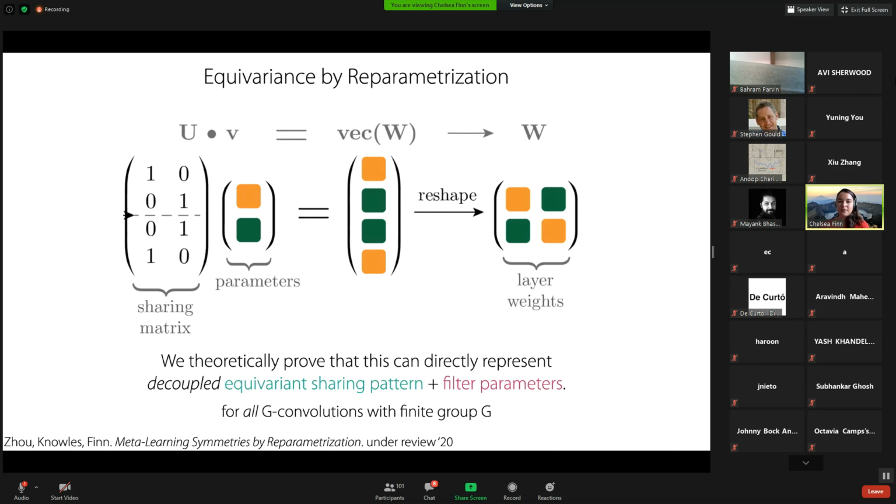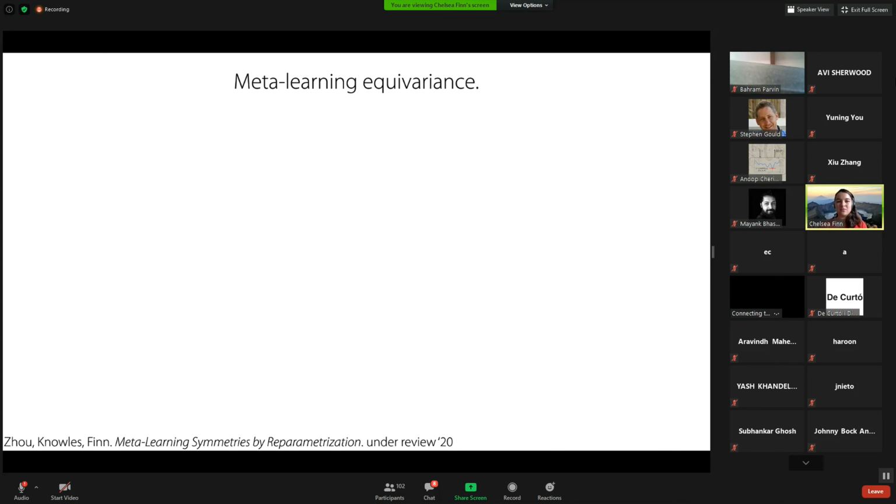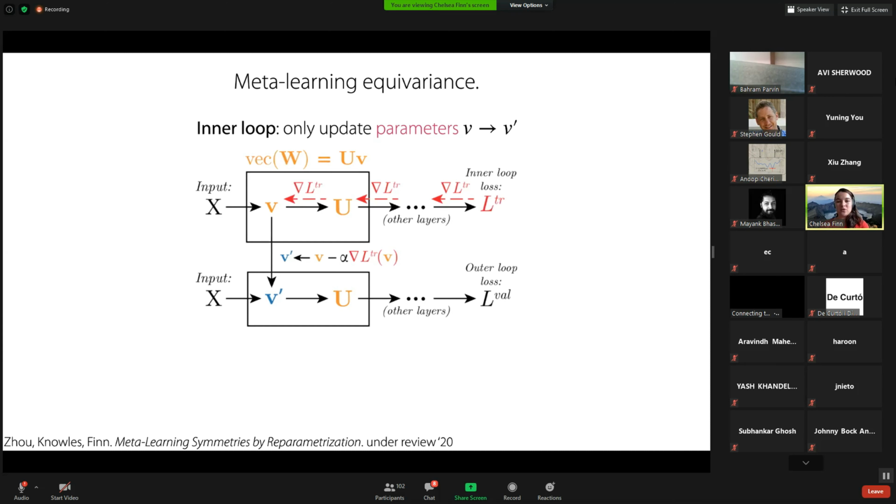Okay, so with this kind of reparameterization of a fully connected layer, when we're meta learning, the inner loop can only update the parameters V, where your weight matrix W is represented by U times V. When you take your inner loop loss, you can backpropagate that only into V, keeping U fixed, such that after the gradient update, the equivariance in U is preserved, and the underlying parameters are what's updated for the data.